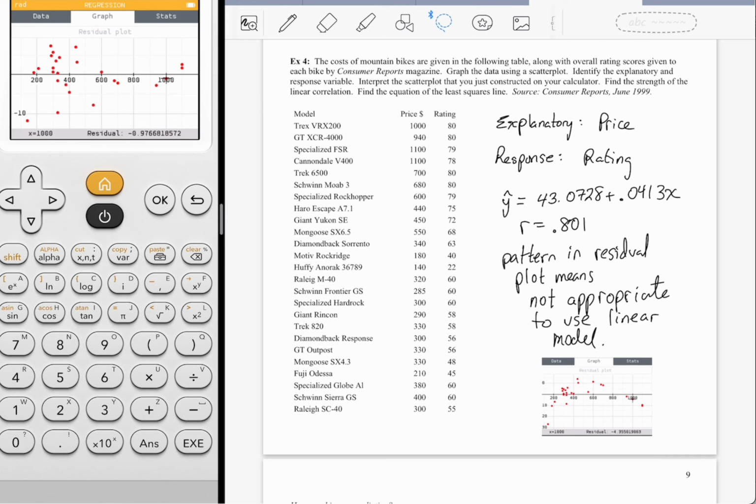So, and honestly, I think it has to do, I'm just guessing, they don't really get into their thinking behind why certain things are allowed and other things aren't. I have a suspicion it's because some calculators do higher level regressions and others don't, and they want to keep everything relatively fair, right?